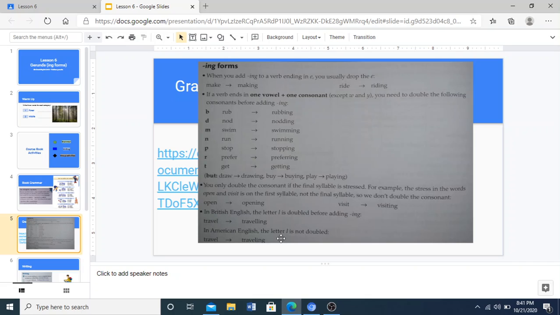Either way you spell it, it is correct, except, of course, if there was specific instruction saying write the American spelling or write the British spelling. Then you double the L in the case of the British spelling, or you write a single L in the case of the American spelling.